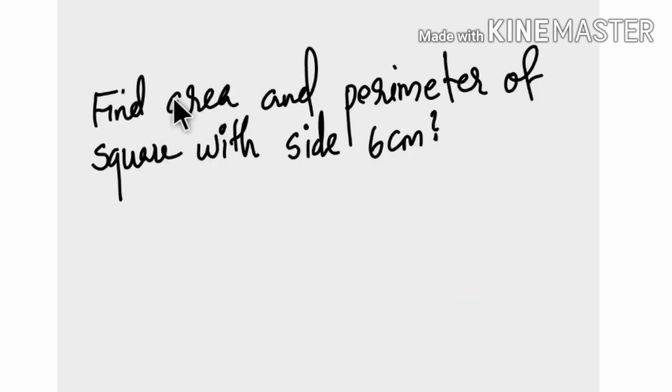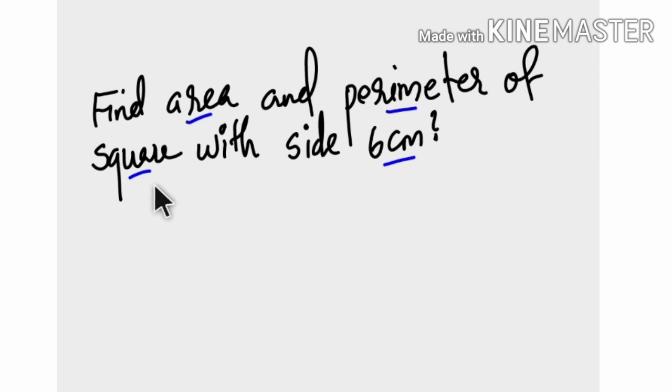Here you can see a question, find area and perimeter of a square with side 6 cm. So this is a square.